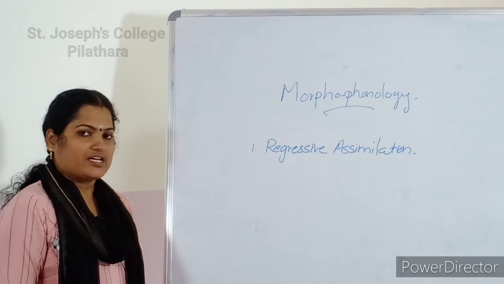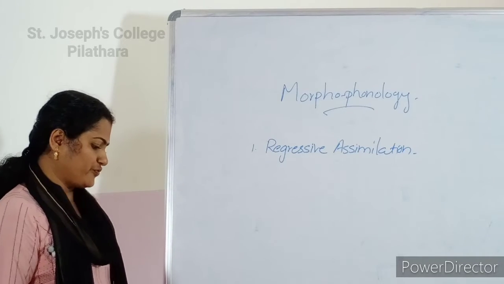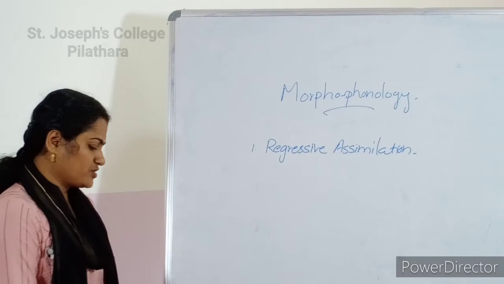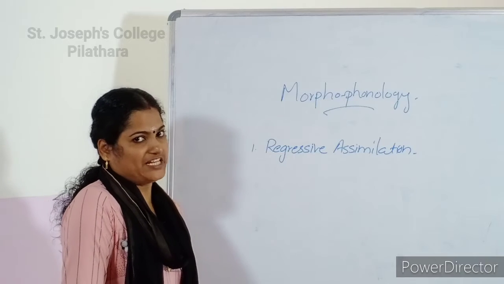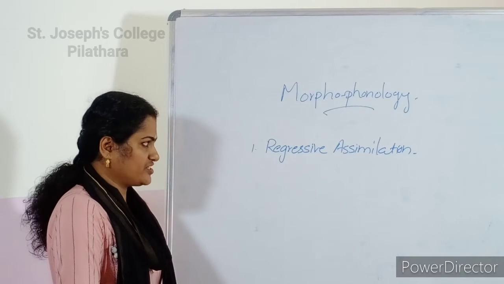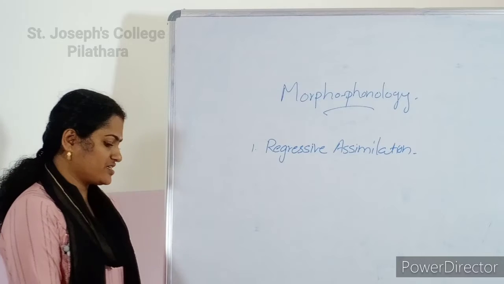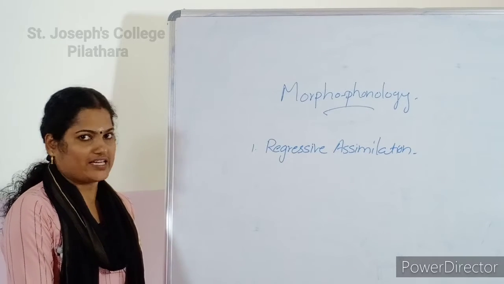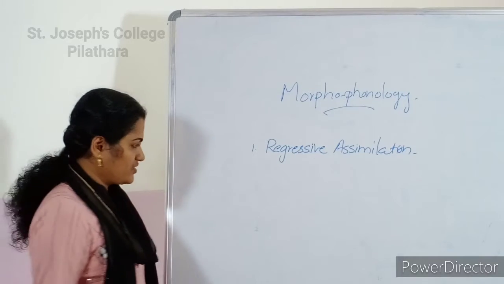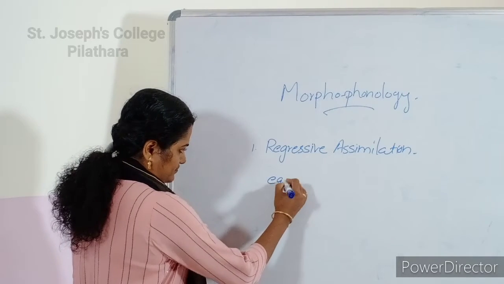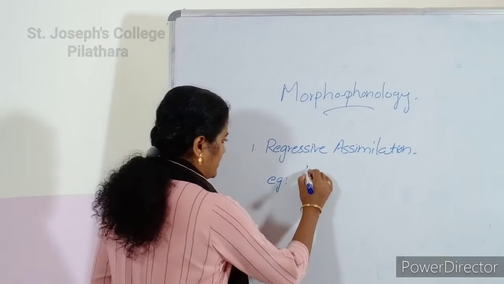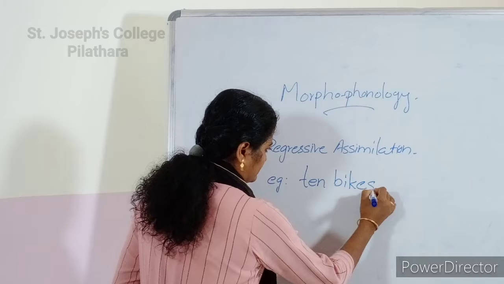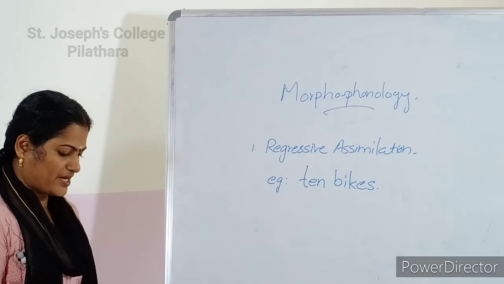If the features of a phoneme affect the phoneme preceding it, it's called regressive assimilation. For example, ten bikes.